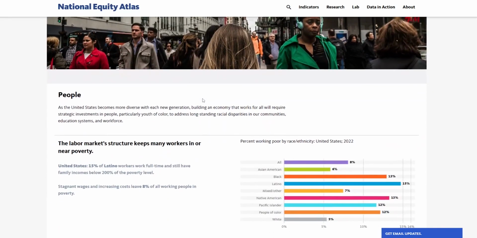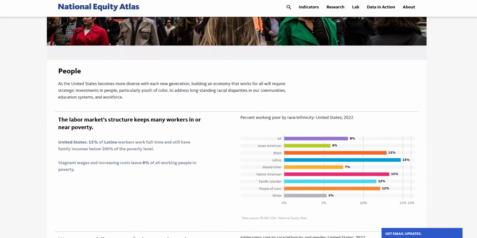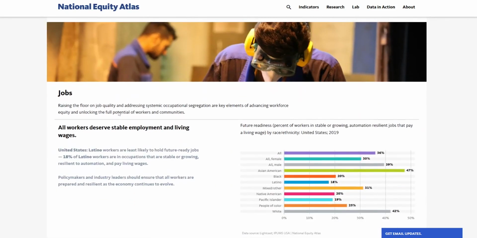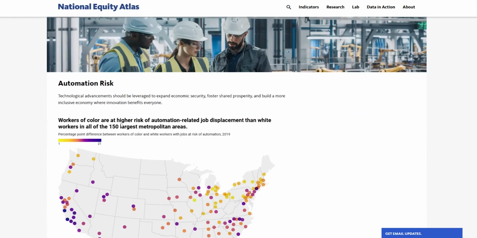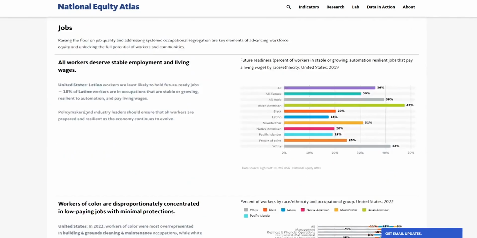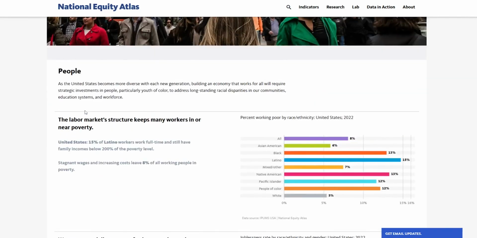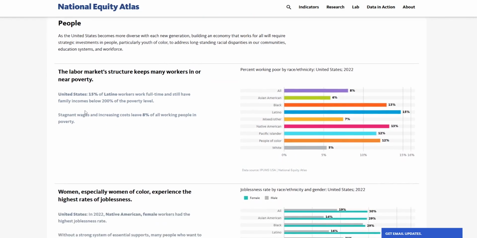As you scroll down, you'll see that the snapshot is divided into 3 sections: people, jobs, and automation risk. The people section looks at the state of the workforce. Which workers are working but not earning a living wage?